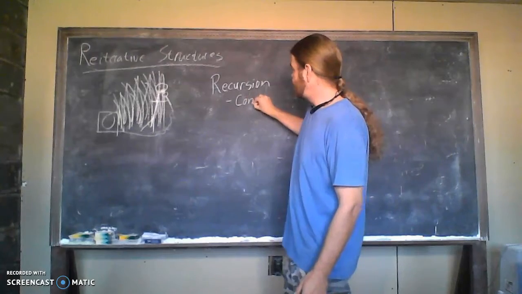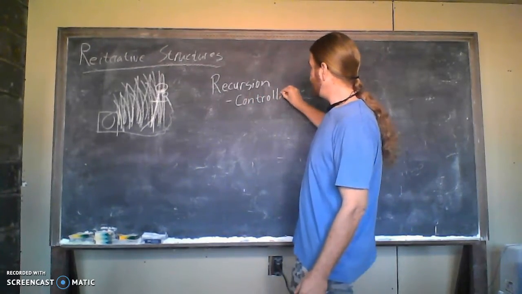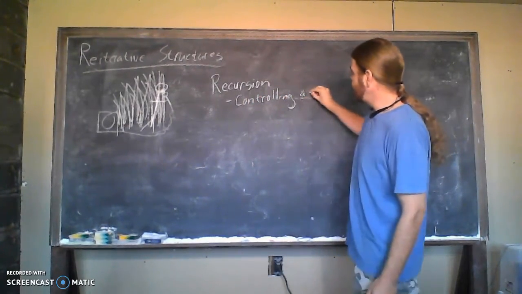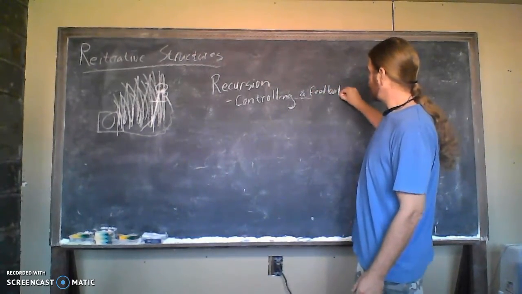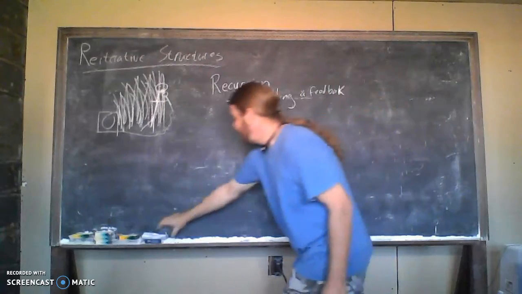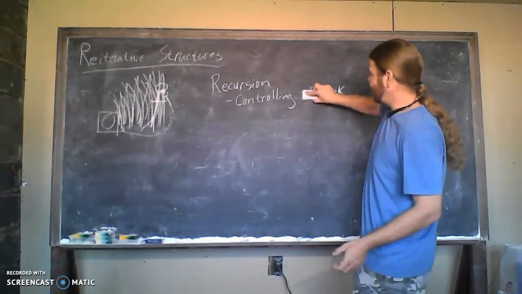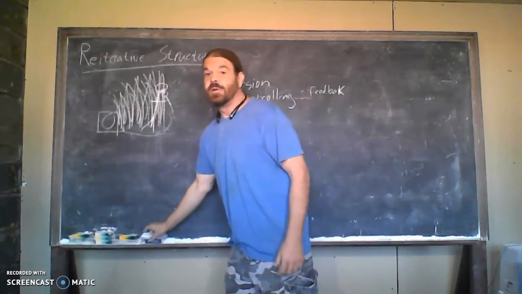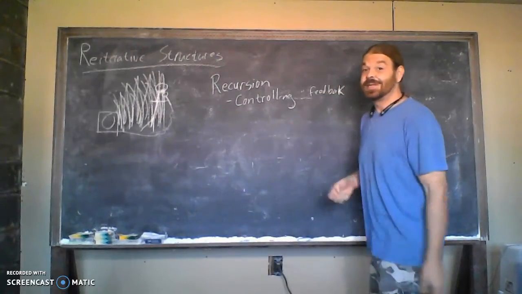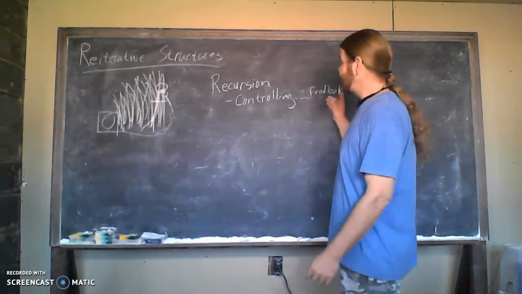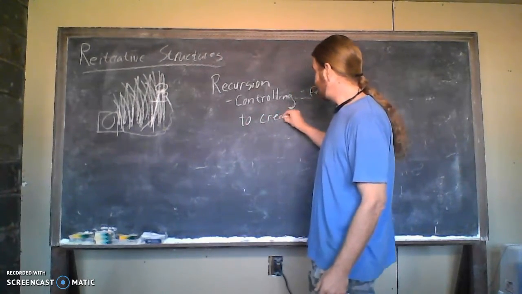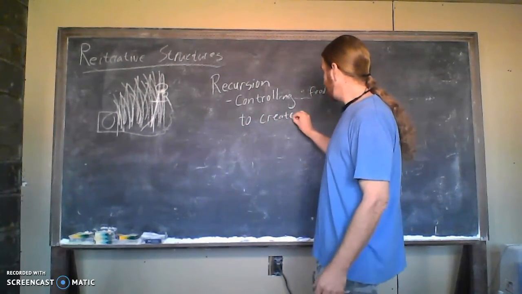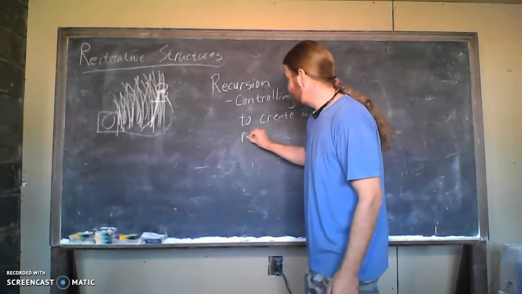And that's controlling feedback. I almost said controlling feedback loops, but I don't want to use the word loop because that's something special we're going to talk about in a moment. So controlling feedback to create a reiterative structure.